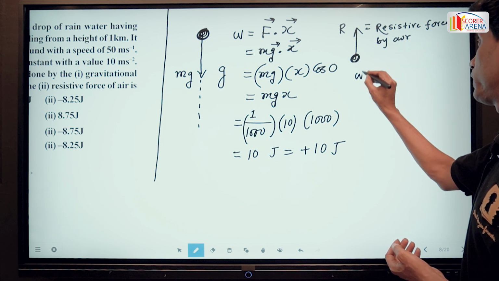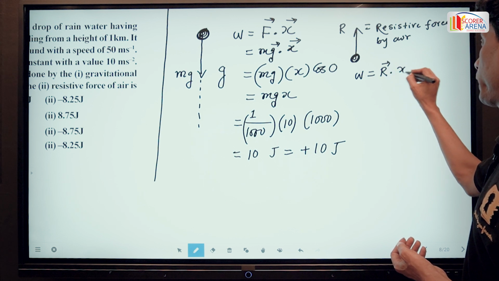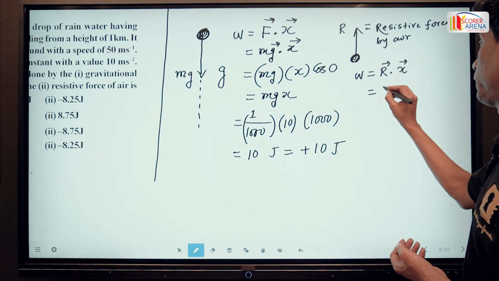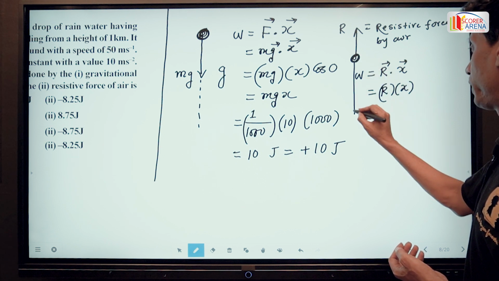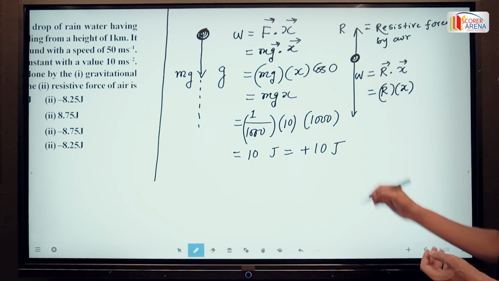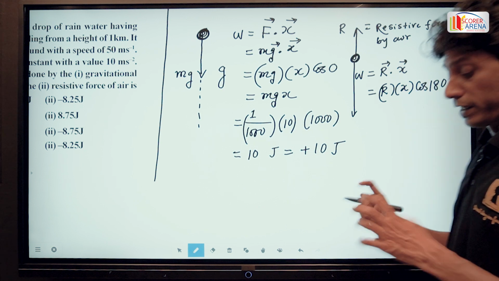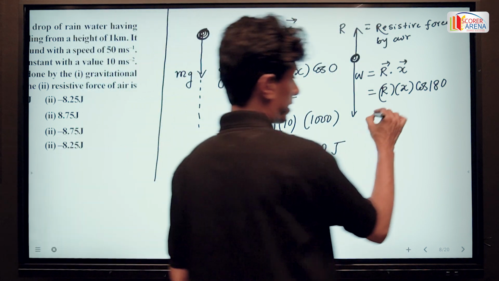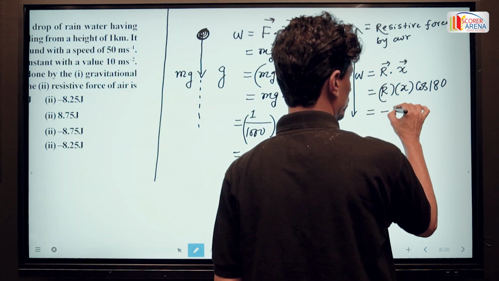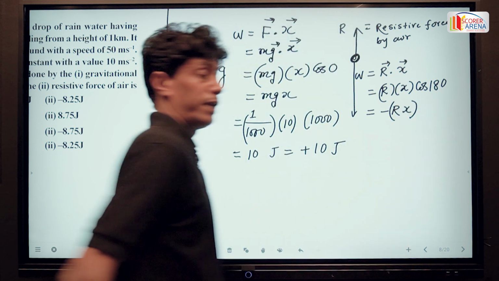So the work done in this case is R dot x, that is R into x, with displacement downward and resistance upwards. So this is cos 180, that is, the angle between resistance and displacement is 180. So the work done by the air resistive force is negative work done.